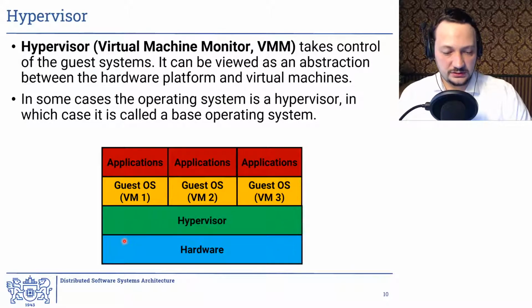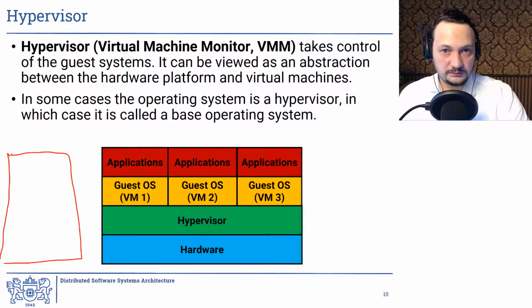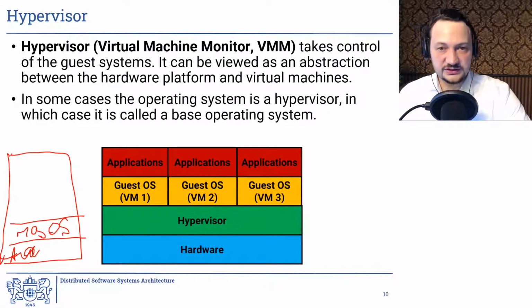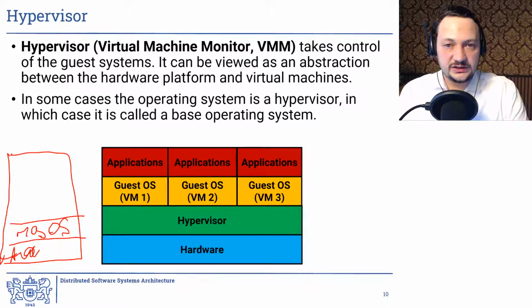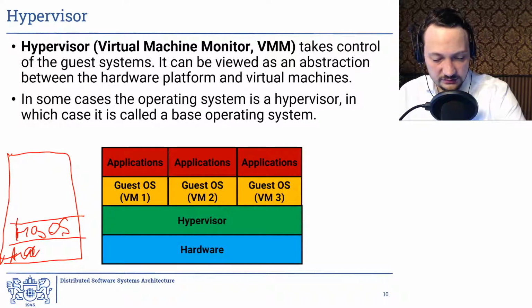If we want to work with a virtual machine, for example, on a consumer PC, on a personal computer, then the diagram would be the following. We would have the hardware. We would have our host OS. This is the basic operating system that is launched when the computer starts, for example Windows or Mac OS.